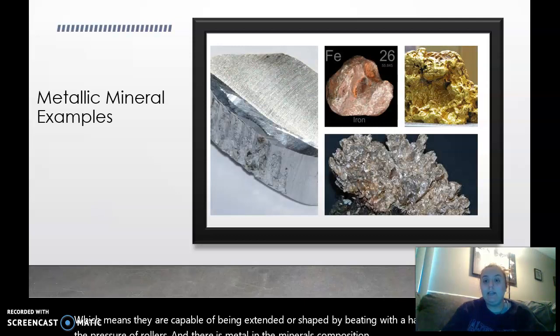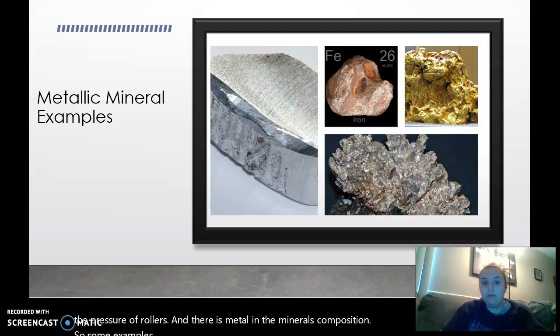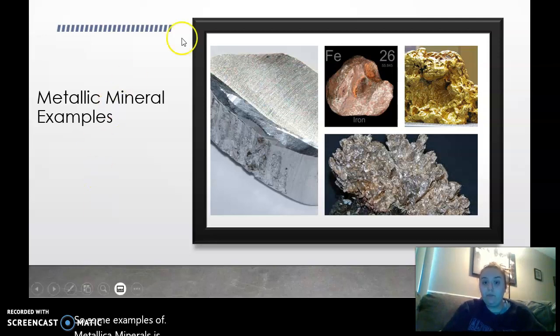So some examples of metallic minerals are aluminum, which is this first one right here, then iron, and then gold and silver.